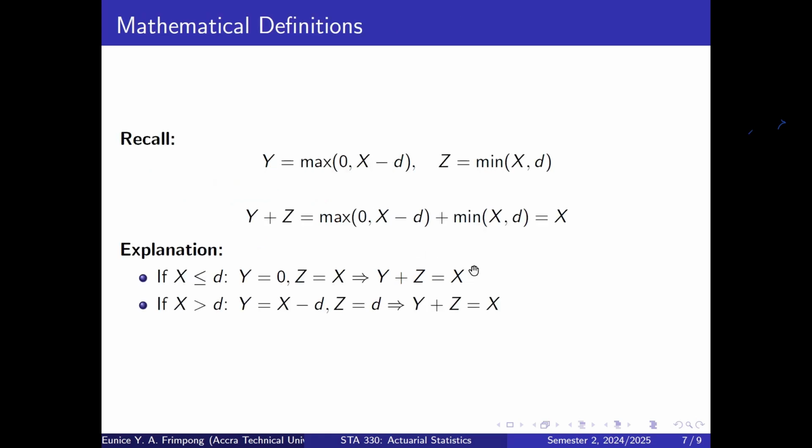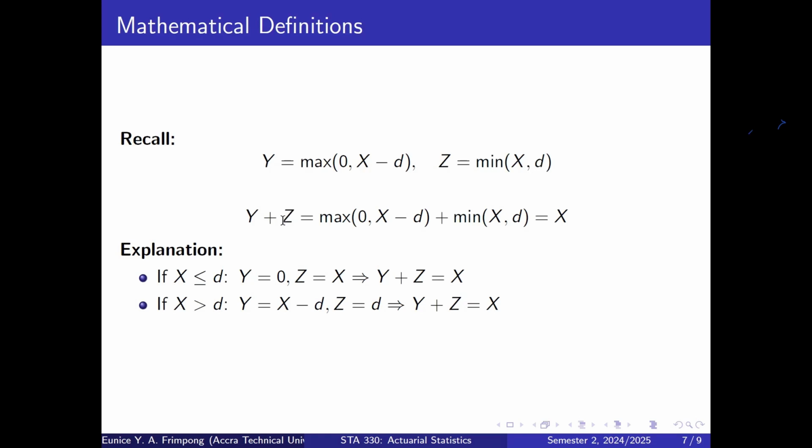From earlier lectures, we defined Y as the maximum of 0 and X minus D, and we also defined Z as the minimum of X or D, which is the unreimbursed loss.